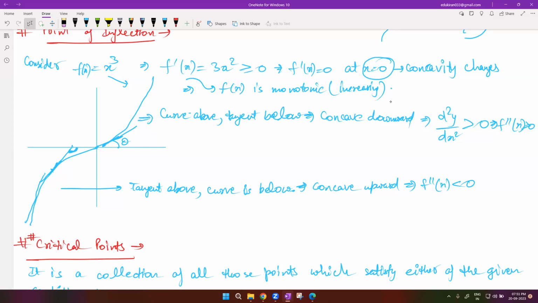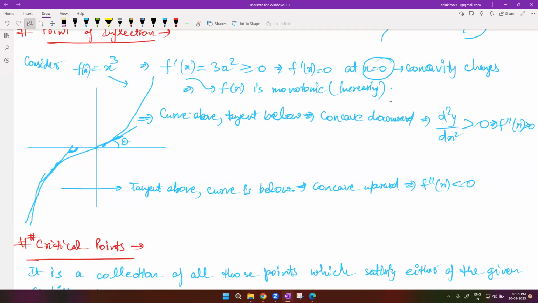If your curve is lying below the tangent, or your tangent is lying above the curve, then you say concave upward. Right? So concave upward and concave downward basically tells you the rate of increasing. Either the function is increasing fast or the function is increasing slow. The function is certainly increasing.